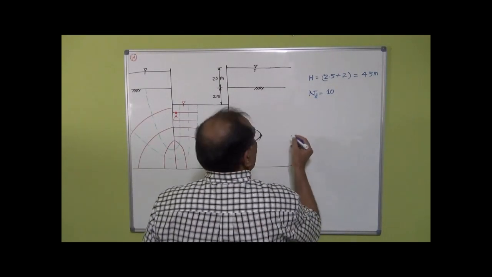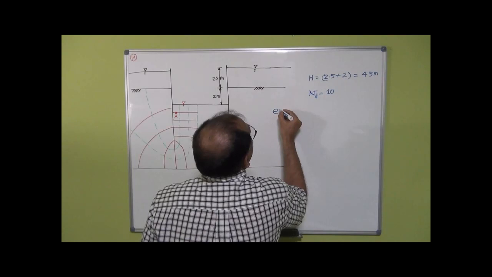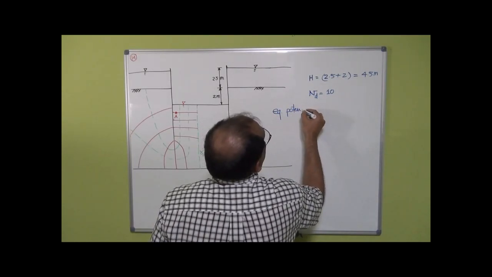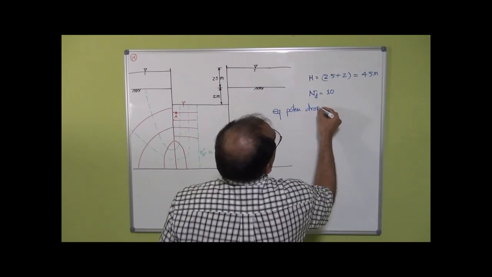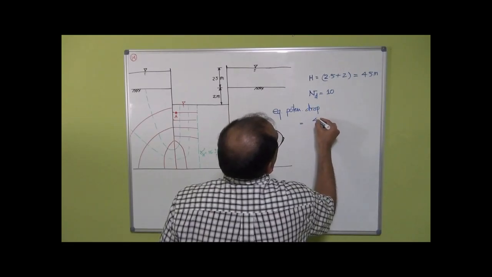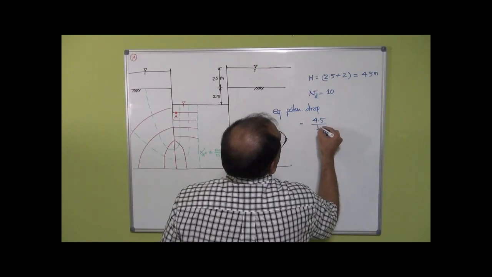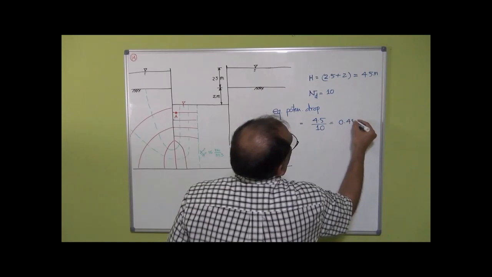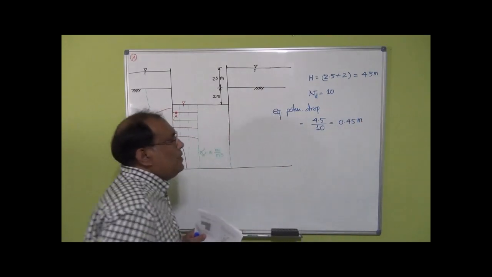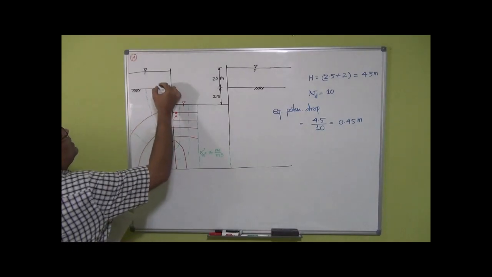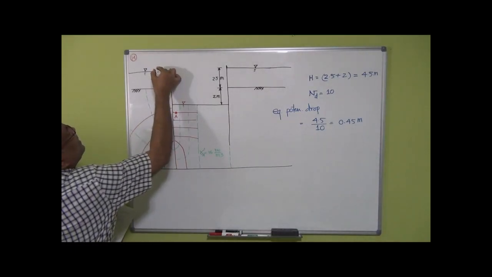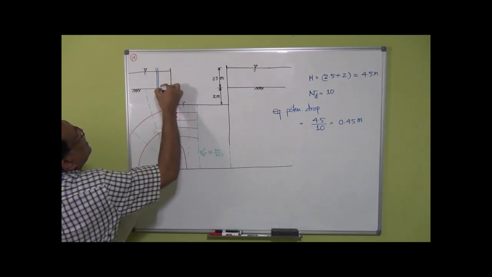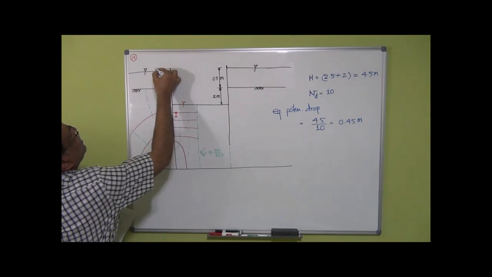The equipotential drop would be equal to 4.5 divided by 10 is equal to 0.45 meter. So basically if I put a piezometer here, then the height of water would be here.